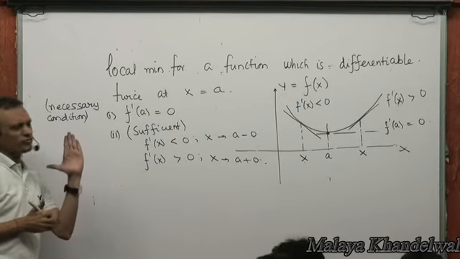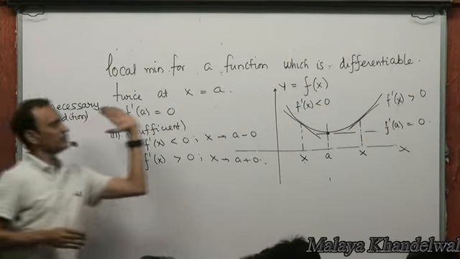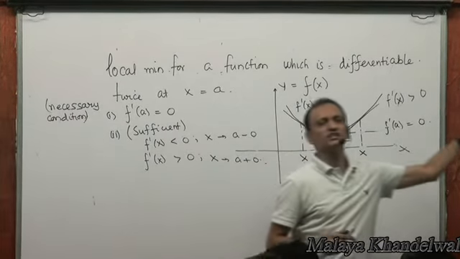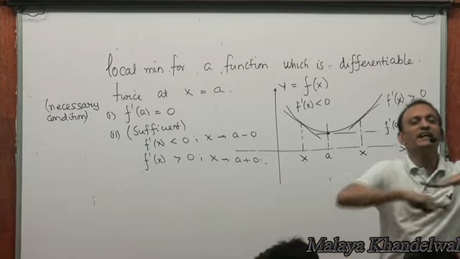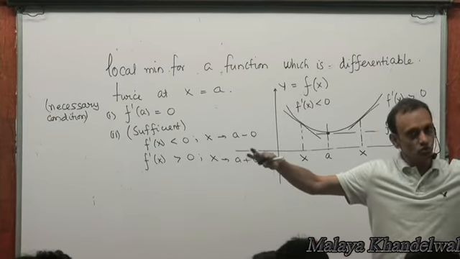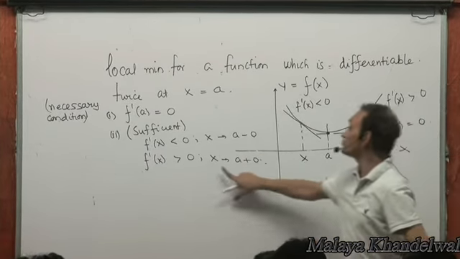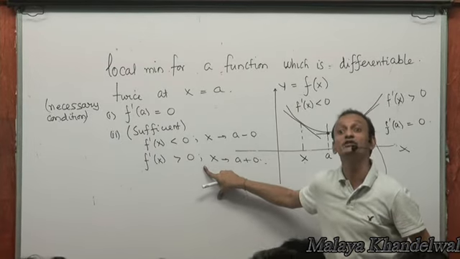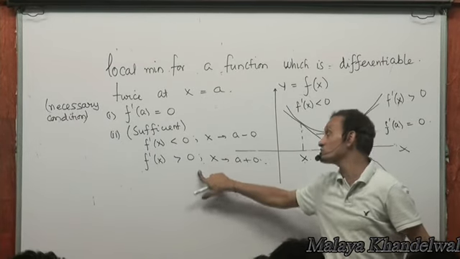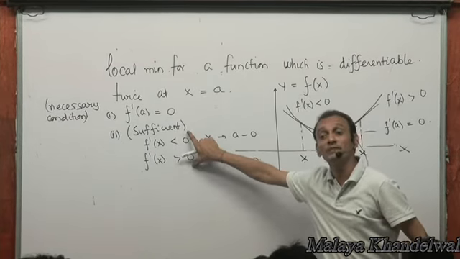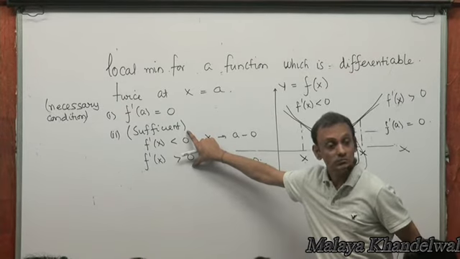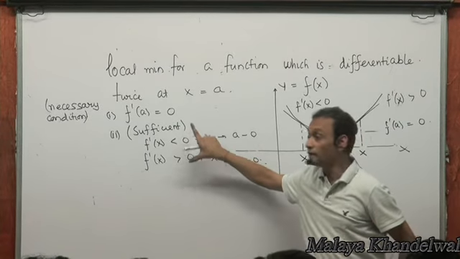To the immediate left of a, f dash x must be negative. To the immediate right of a, f dash x must be positive. At a, f dash x must be 0. If this happens, then this would be a first derivative confirmatory test for a local minimum. This is the first derivative confirmatory test towards a local minimum, right?